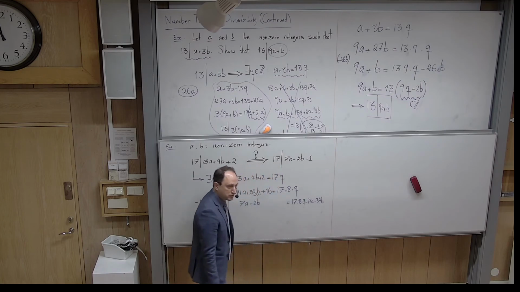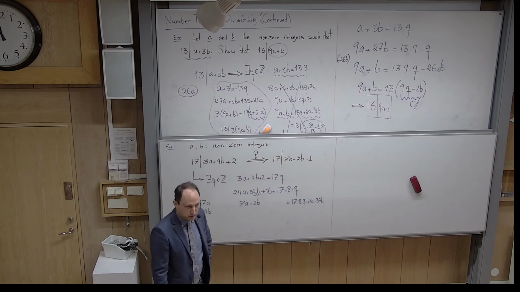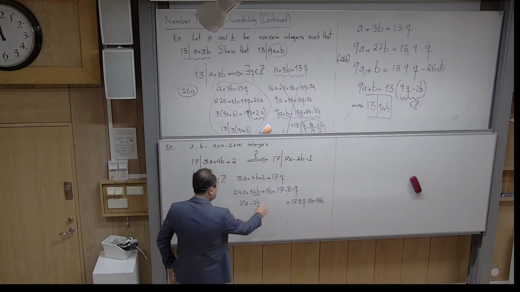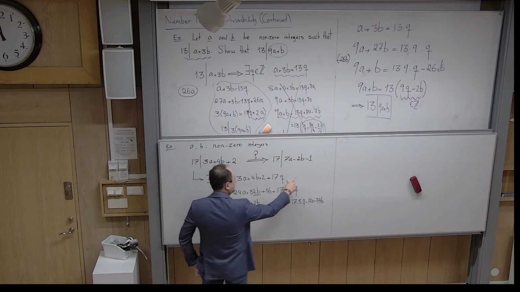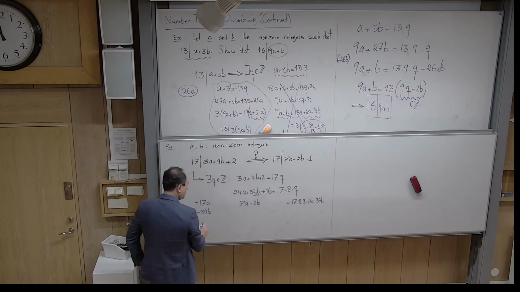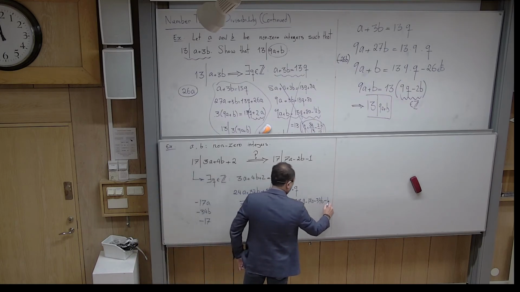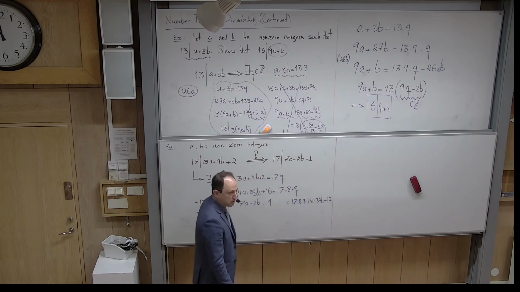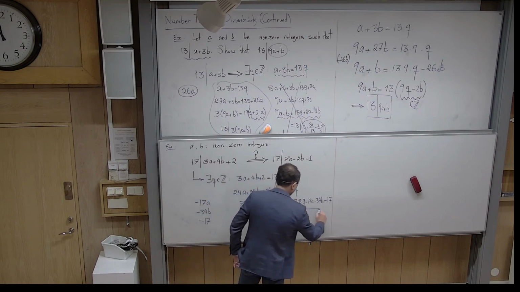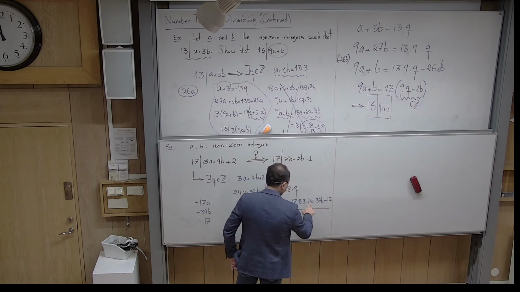But 34 is also nice because it is 2 times 17. And then 16, I don't like it. I want to have minus 1. So I have to subtract 17. Then it becomes minus 1 and then minus 17. And this works because I can factor a 17 out.